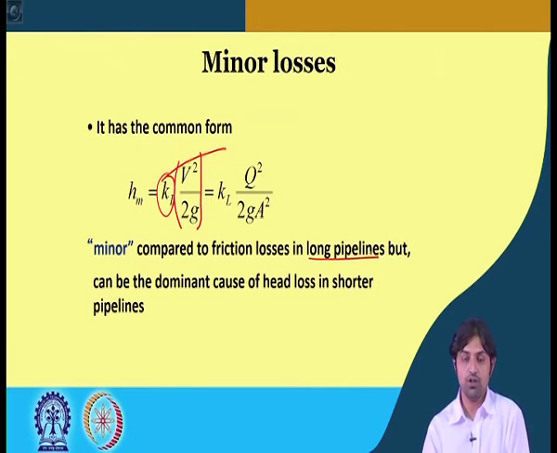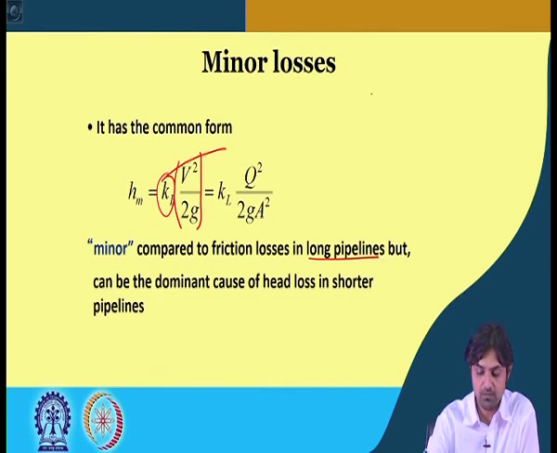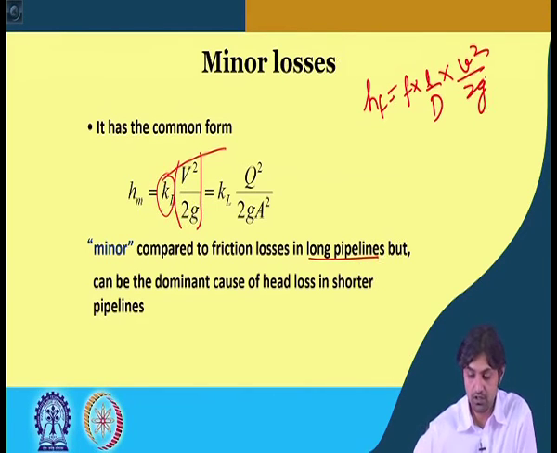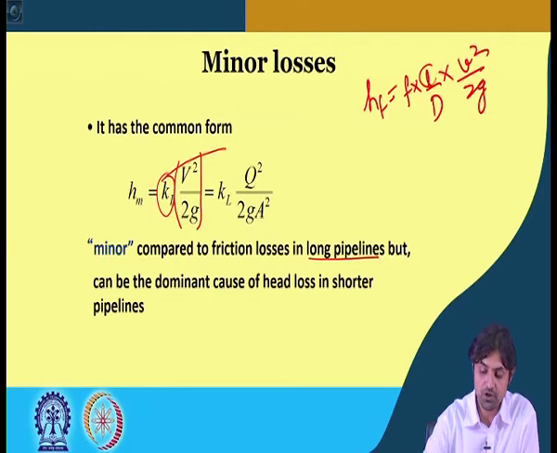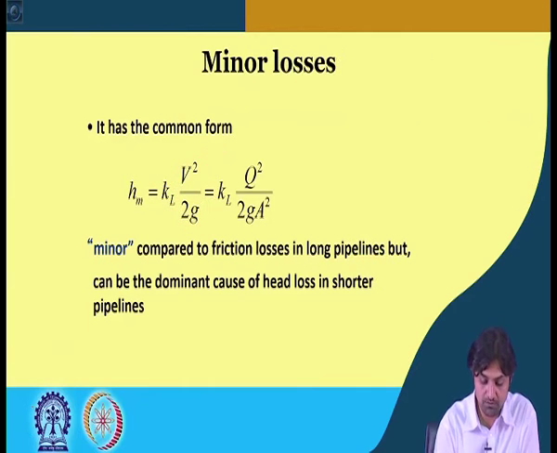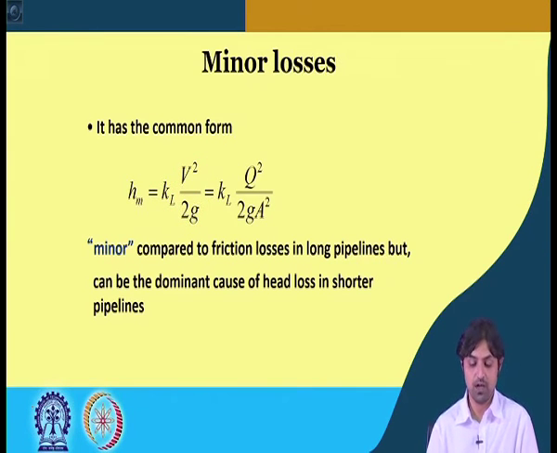If the pipe is long, the major loss given by F into L by D into V square by 2g would be large, while the losses due to bending, contraction and expansion are less in long pipes. Therefore it is called minor losses, but it is not always minor. If the pipes are of shorter length, the minor losses actually will be dominant.